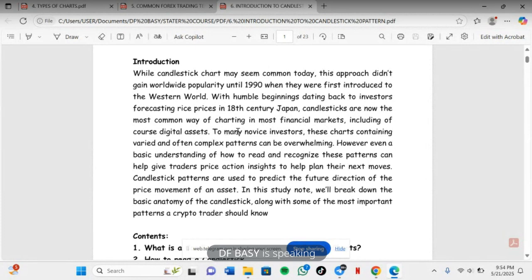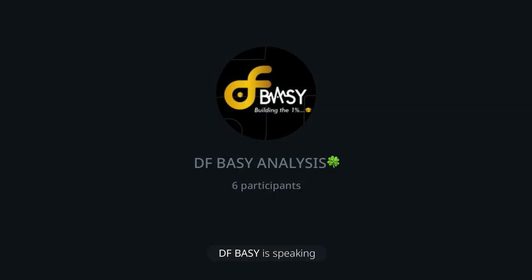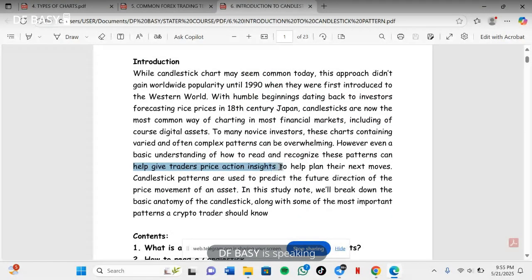To many novice investors, this chart contains varied and often complex patterns that can be overwhelming. However, even a basic understanding of how to read and recognize these patterns can give traders price action insights.